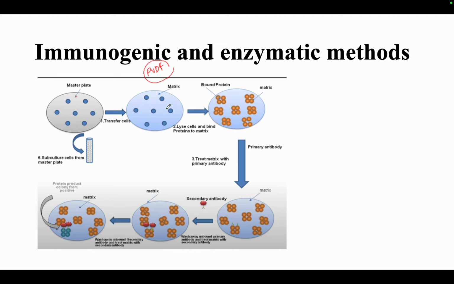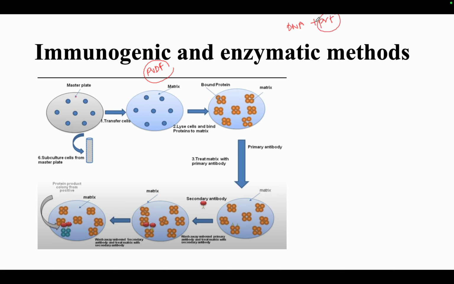These membranes or matrices will attach our colonies. A small amount of cells will get transferred, and after that we lyse the cells and open them up, so those cells will have a mixture. It will have DNA, and it will also have protein.